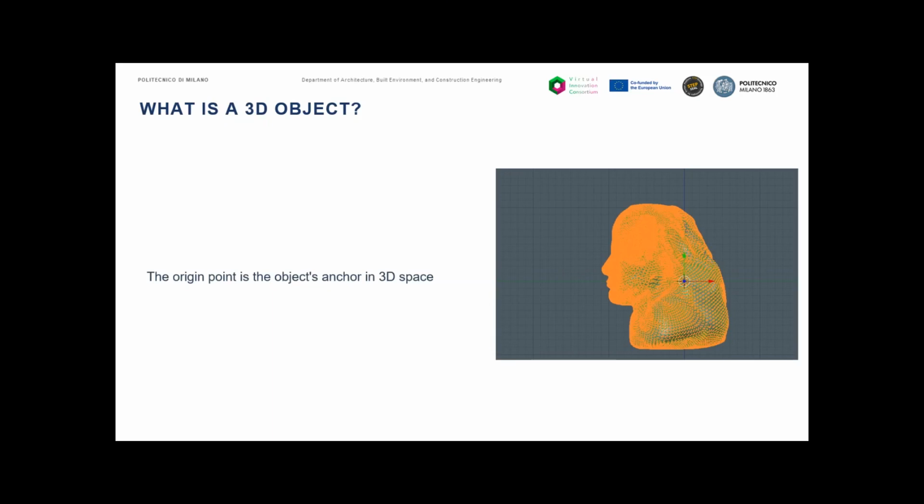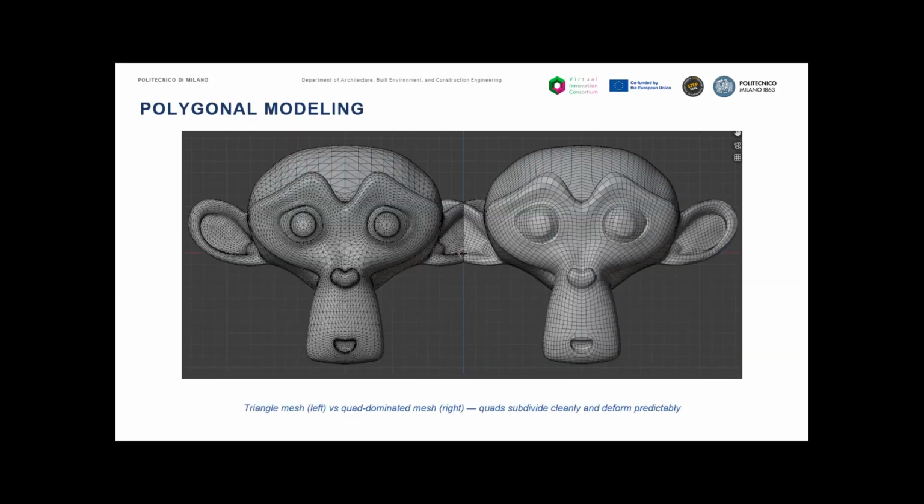So now we can go further and look at different modeling techniques. There's polygonal modeling, which directly manipulates vertices, edges, and faces, the one that we just saw, to build and refine or define a surface mesh.